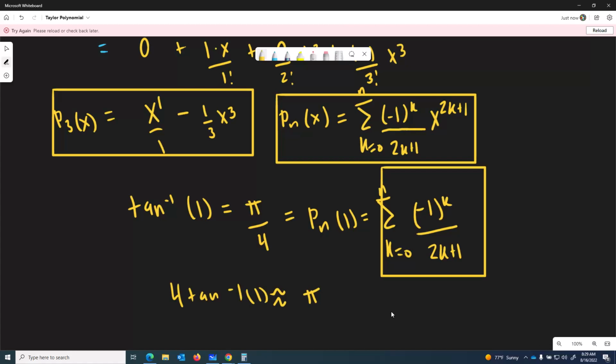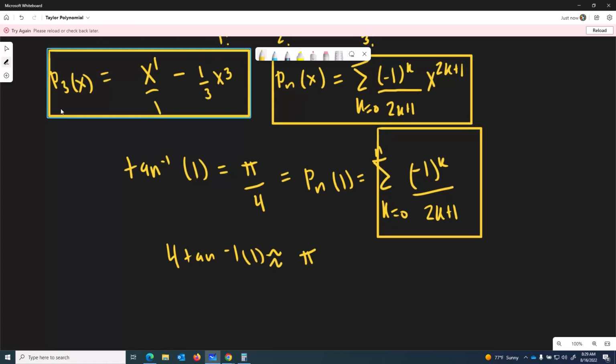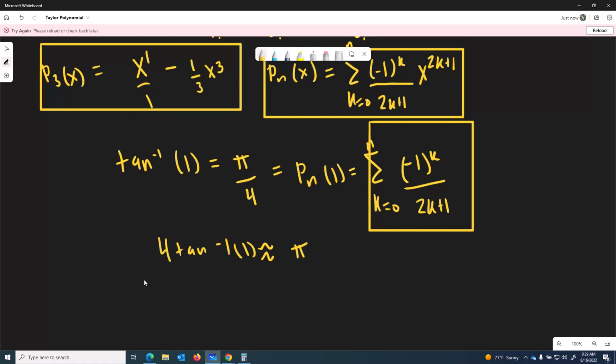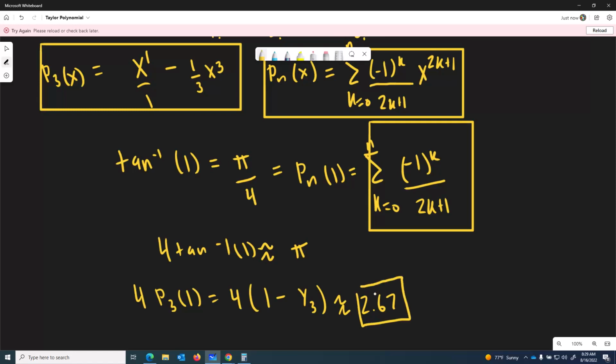But you'll notice that if you substitute this into your third degree polynomial back over here, and you take 4 and multiply by p3 of 1, essentially you're just taking 4 times 1 minus, well, 1 minus a third actually, which would be approximately 2.67.